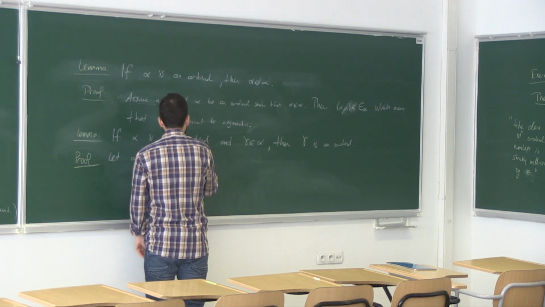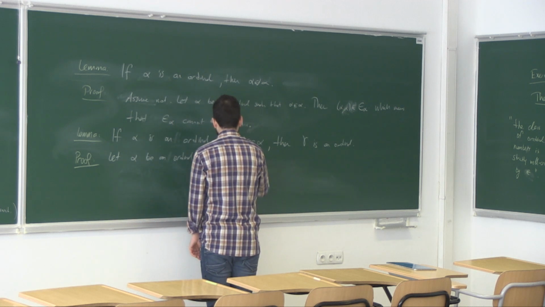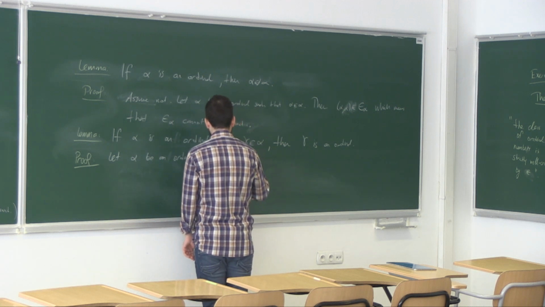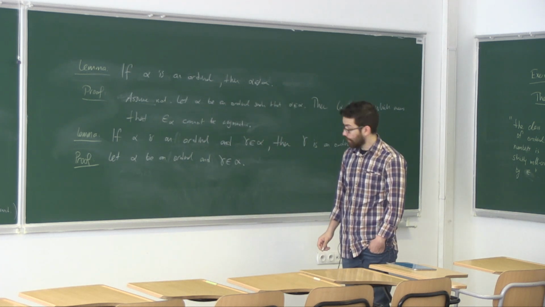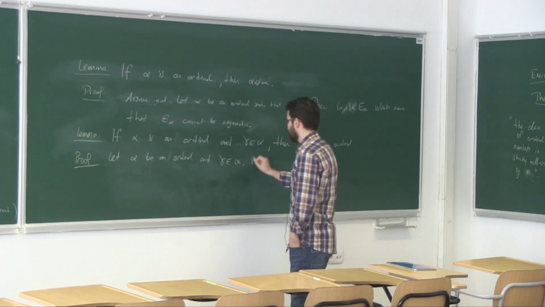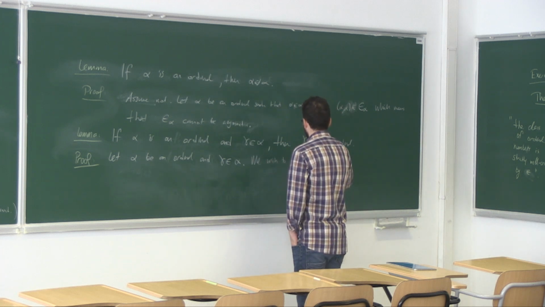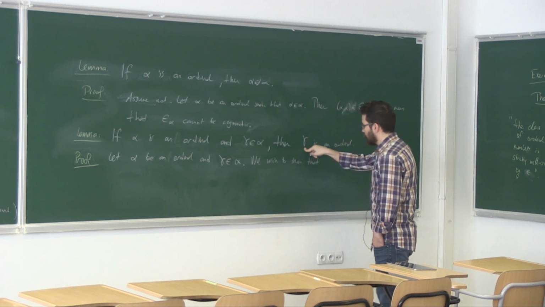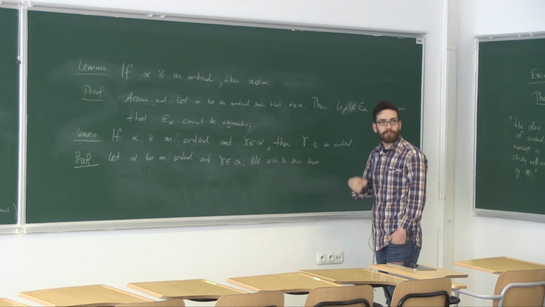Let alpha be an ordinal and gamma be an element of alpha. Now, we wish to show that what? Gamma is an ordinal. What does an ordinal mean? An ordinal is a transitive set which is strictly well ordered by the membership relation.